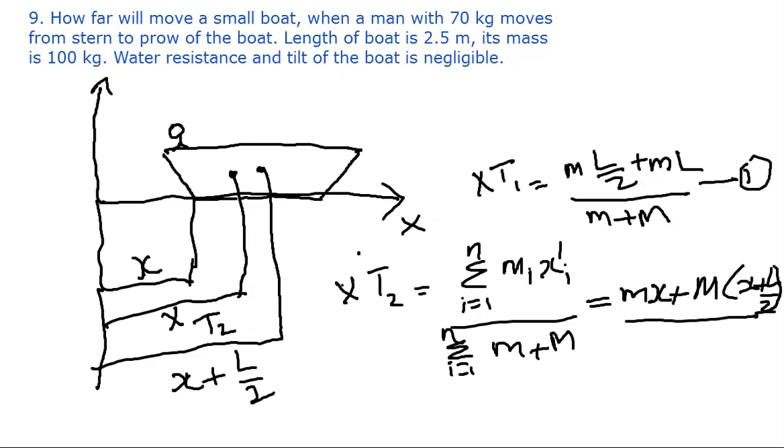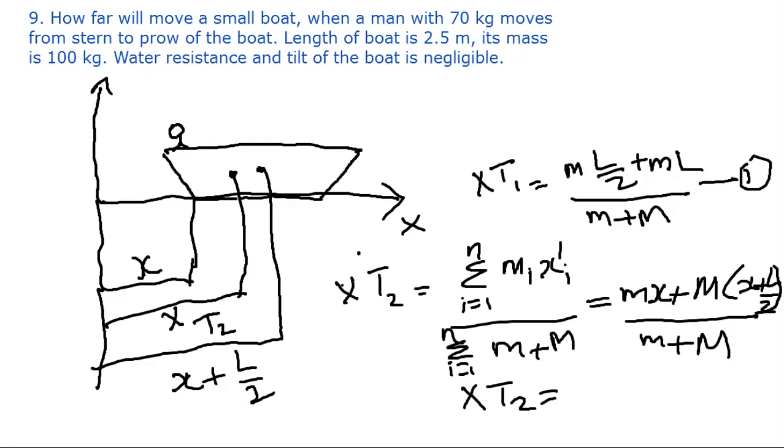Divided by M plus m, or we can write it as xt2 is equal to mx plus M times x plus L by 2 by M plus m.